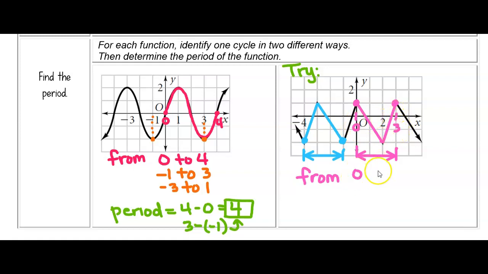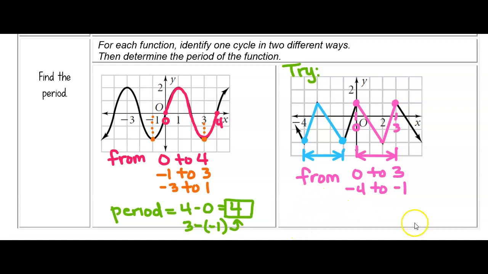So 0 to 3 would be one way to define the cycle. Or maybe you saw it as like this hill that kept repeating itself over and over again. So that would be from -4 all the way to -1. So that's two ways you could define this cycle.